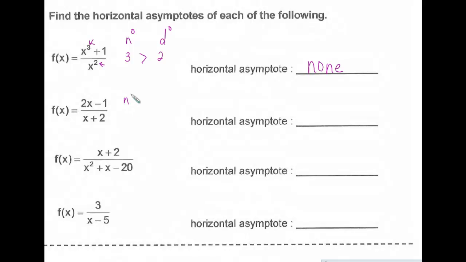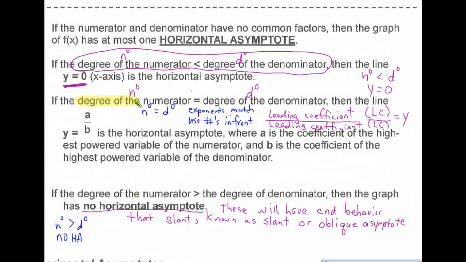Let's look at this next example. The highest power of x in the numerator is 1. The highest power of x in the denominator is also 1. So the degree of the numerator is equal to the degree in the denominator. When the degree of the numerator is equal to the degree of the denominator, then the horizontal asymptote is leading coefficient divided by leading coefficient.